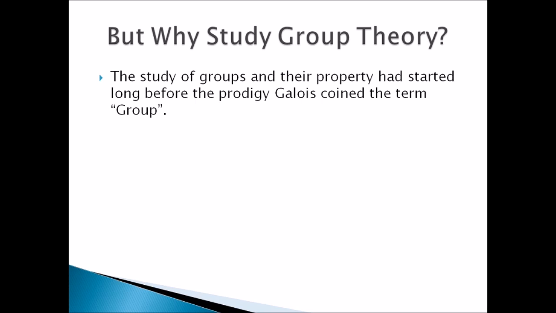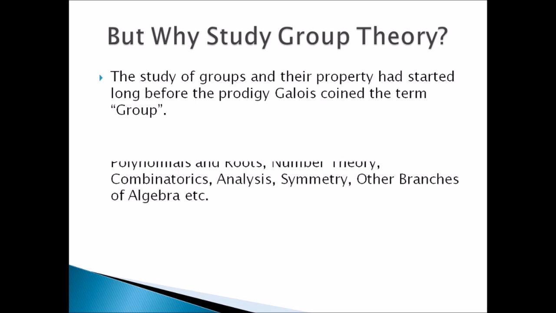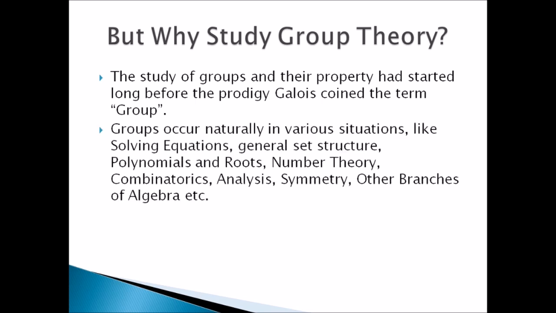So we are developing a grand unification theory, to some extent, of mathematics. Here we'll try to prove some abstract results which might be applied to many situations. Groups occur naturally in solving equations, general set structure, polynomials and roots, number theory, combinatorics, analysis, symmetry, other branches of algebra, physics, chemistry, and so on. The list doesn't end. It's so important.